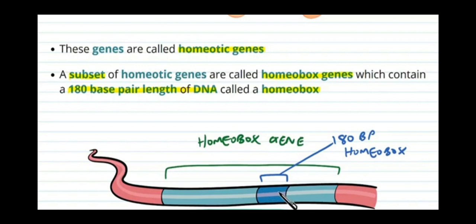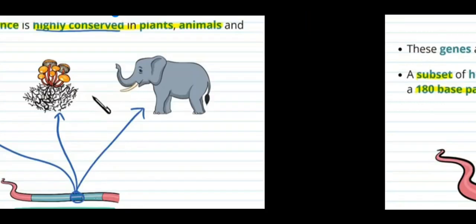So this homeotic gene is said to be responsible for the formation of certain shapes in the organism, and these homeotic genes contain a subset, and this subset is called the homeobox gene, which is represented by light blue color, and within the homeobox gene is present a conserved sequence which is present in all the organisms, and this 180 base pair length of DNA is called the homeobox.